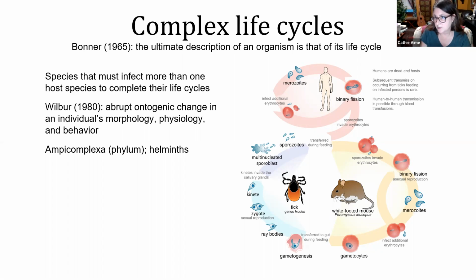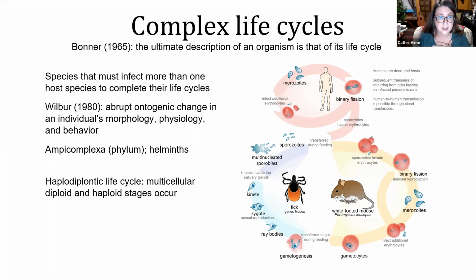And there are some other animal parasites like that, some parasitic helminths. Everything we understand about complex life cycles really has to do with animal parasites. Nobody's really looked at it for other, non-animal parasitic systems. And what's really unique again about the rust, I know it's a lot of fancy words here, is that the rust parasitic life cycle is the least common of all these different types of parasitic life cycles, because it's multicellular in both stages.